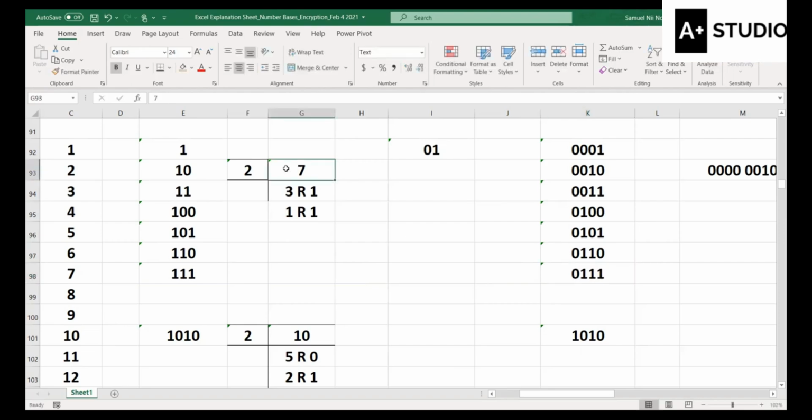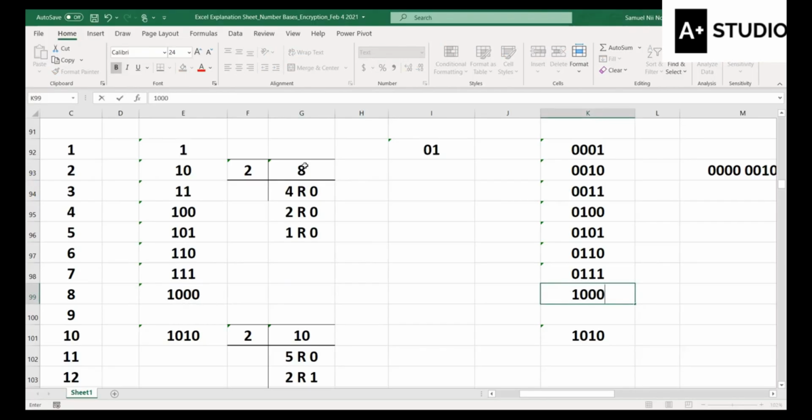What about 8? 2 into 8, 2, 4, 8, so 4, remainder 0. 2 into 4 is 2, 2, 4, 2, remainder 0. 2 into 2 is one whole number, remainder 0. So 8 will give you 1000. Already this is a 4-bit, so we just leave it at 1000.